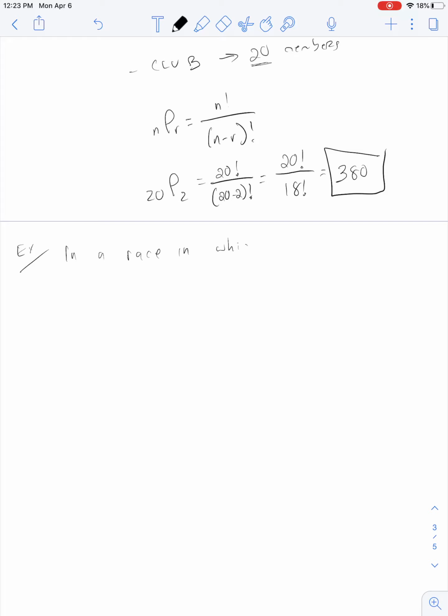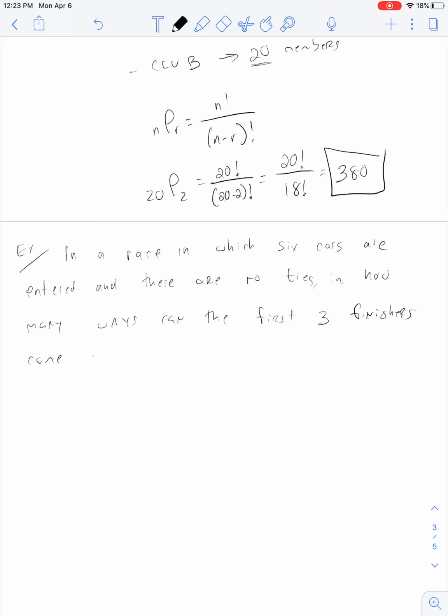In a race in which 6 cars are entered and there are no ties, in how many ways can the first 3 finishers come in?